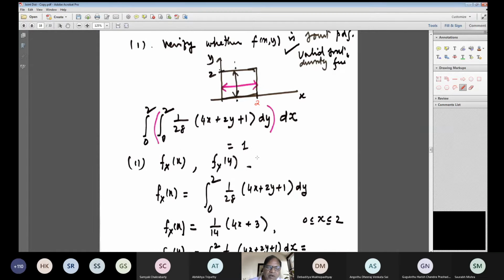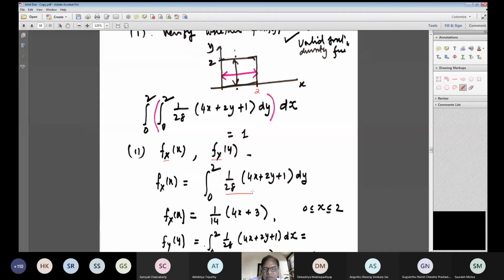From here, if we have to find the marginals, fx and fy: as I explained in the beginning, each subscript indicates the variable you are finding the marginal for. The marginal density function of x is denoted fx of x. So you have to integrate the joint density function with respect to y, where y varies from 0 to 2.